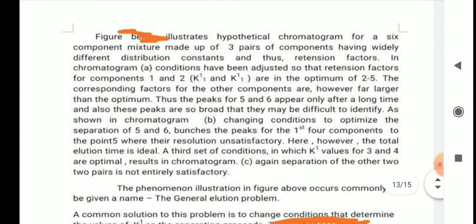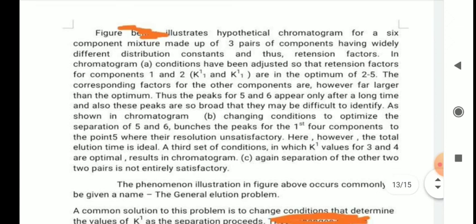So all the explanation I have given here. The figure above illustrates the hypothetical chromatogram for a 6-component mixture made up of 3 pairs of components having widely different distribution constants, thus retention factors.